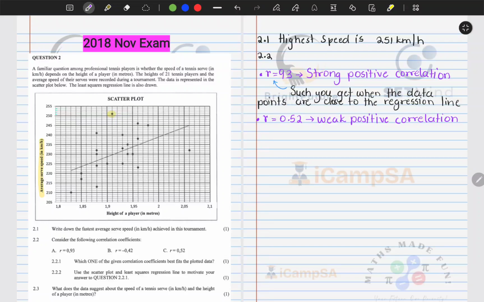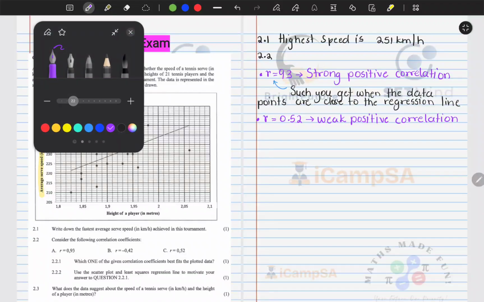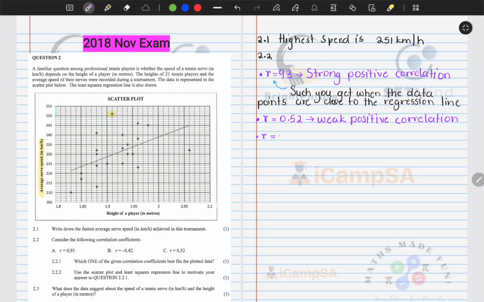Meaning when you draw your regression line, it has a positive slope, but really there's a weak correlation, meaning the data points are very far from the regression line. Then the other one we are given, R equals negative 0.42, is still weak because it's very far from either -1 or +1, but this is a negative correlation.